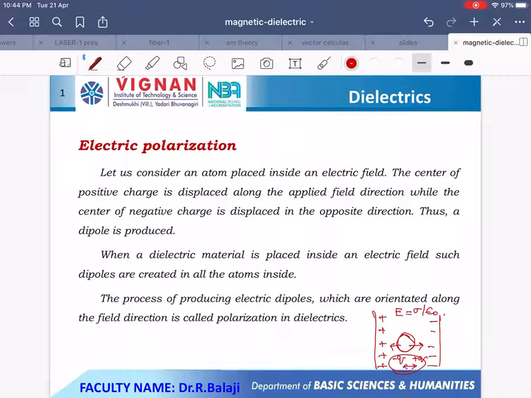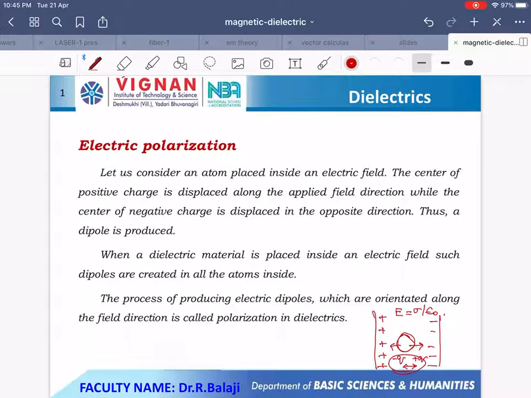Such a displacement of the charge carriers when placed in a uniform electric field is known as polarization. So let us consider an atom placed inside an electric field. The center of positive charge is displaced along the applied field direction, while the center of negative charge is displaced in the opposite direction. Thus a dipole is produced.